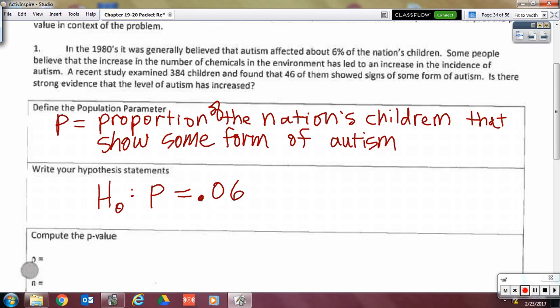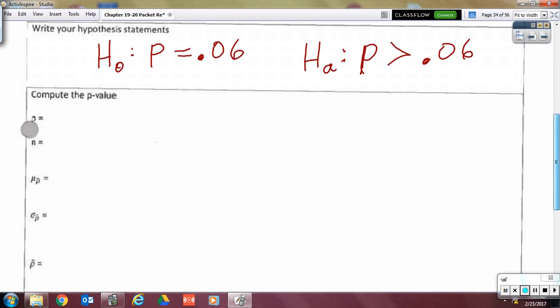Now, there's been some speculation that because of chemicals, or vaccines and all that, they're not going to say what the cause is, but whatever is happening, they think that the proportion has what? Increased. So we're going to say P is greater than 0.06. Now, we're going to see if we have significant evidence that the proportion has increased. And so here we go.